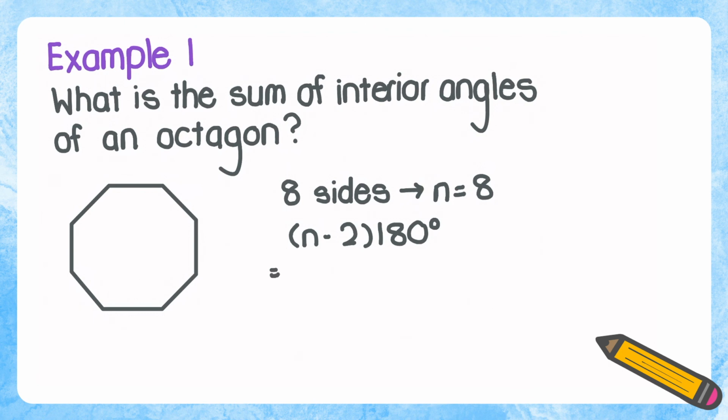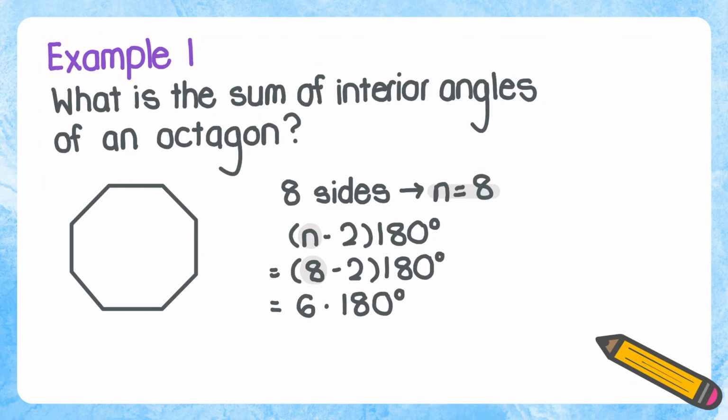We're going to replace n with 8. So we'll have the quantity 8 minus 2 times 180 degrees. Here, notice how n equals 8, so I was able to replace n with 8. Moving on, 8 minus 2 is 6, so 6 times 180 degrees.